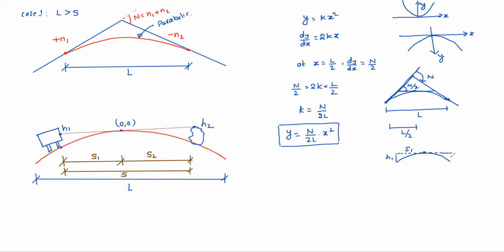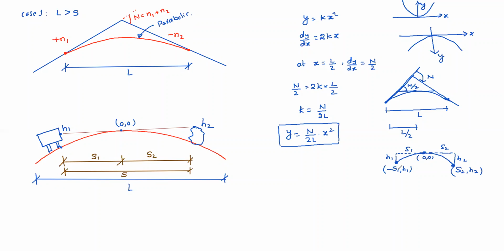Similarly, this is S2, this is H2. So this is 0 origin, then this coordinate is minus S1 comma H1. This coordinate is S2 comma H2. Substitute both points here and get what is S1, what is S2.